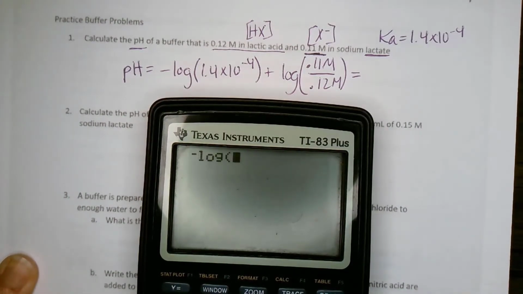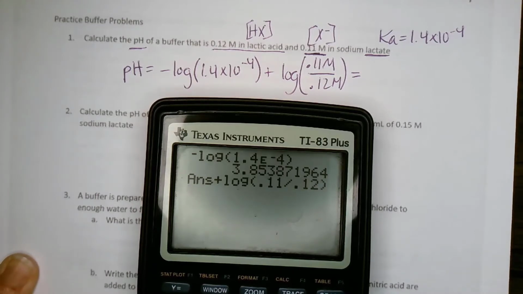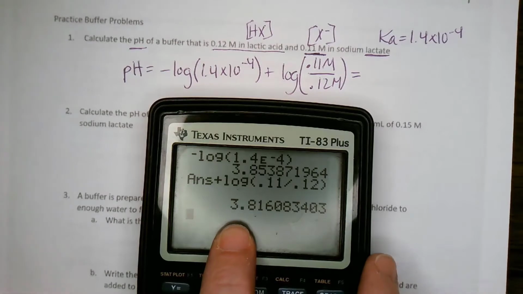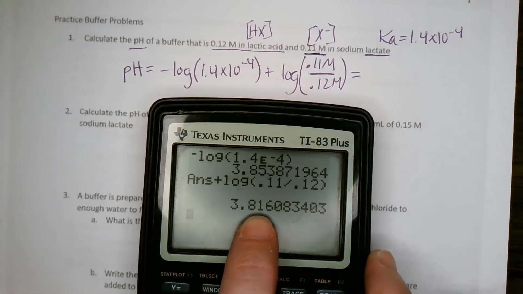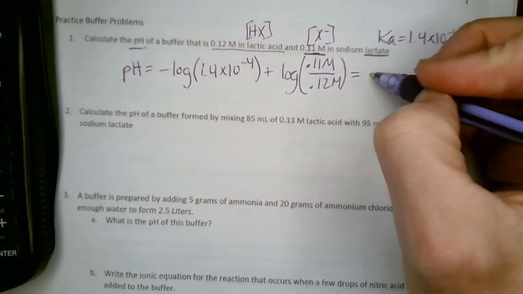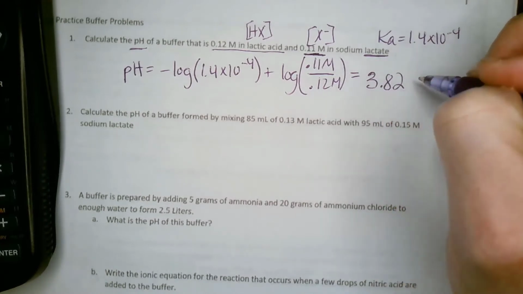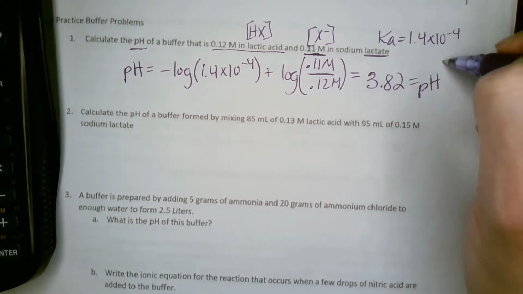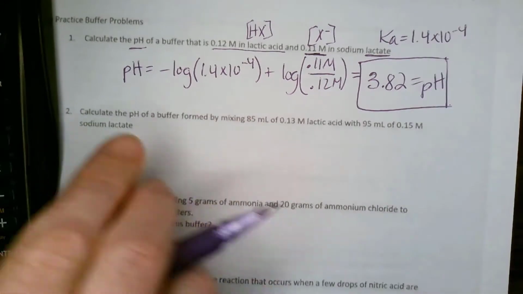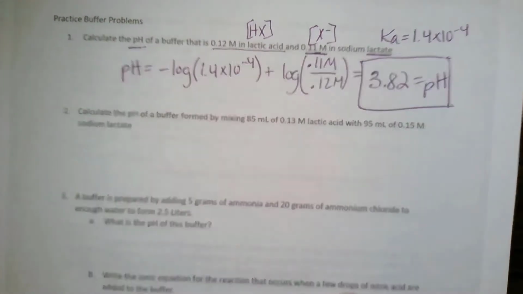The negative log of 1.4 times 10 to the negative 4 plus the log of 0.11 divided by 0.12. We should get a pH of 3.82 units. Now it makes sense if we've got lactic acid in there.